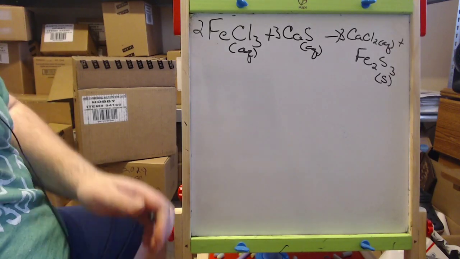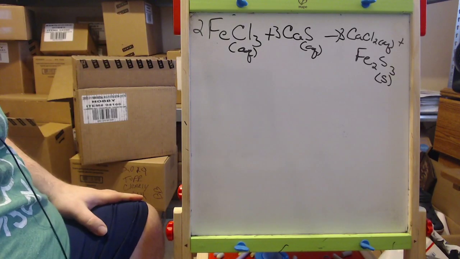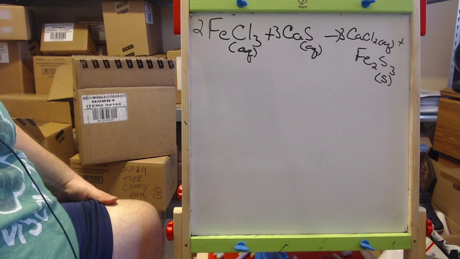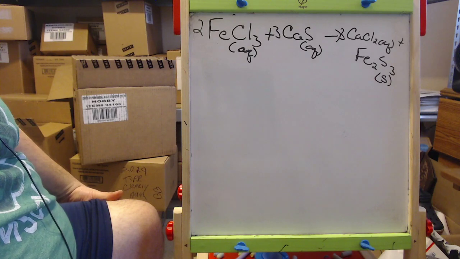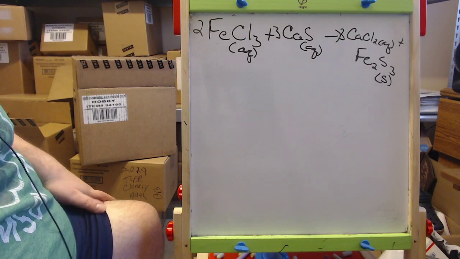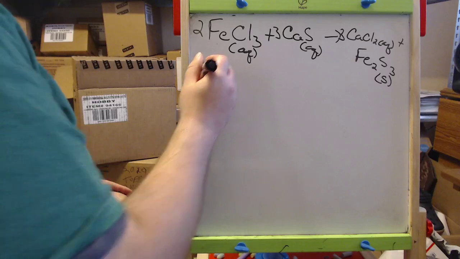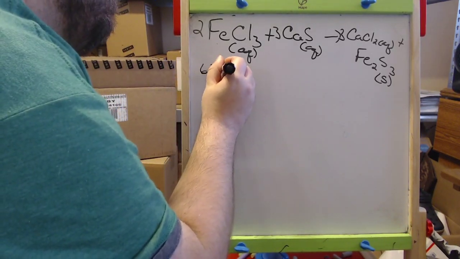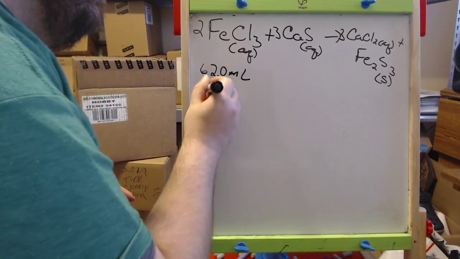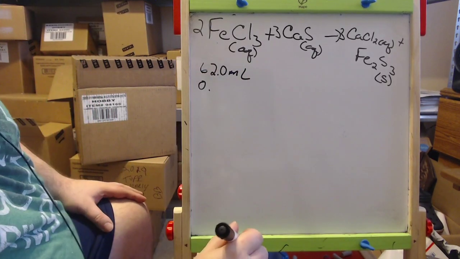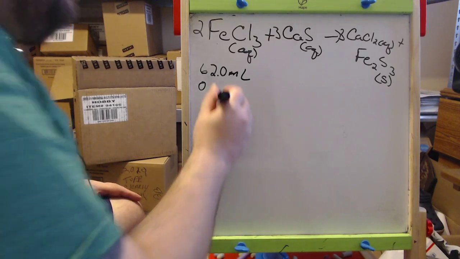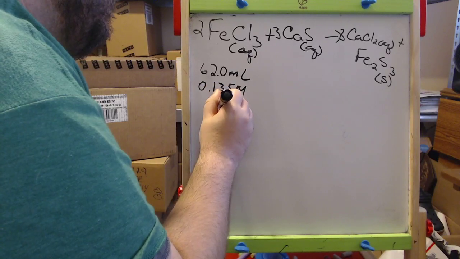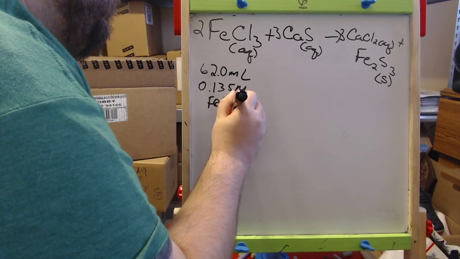Now, the info that they give you is that we've got 62.0 mL of 0.135 molar FeCl3.